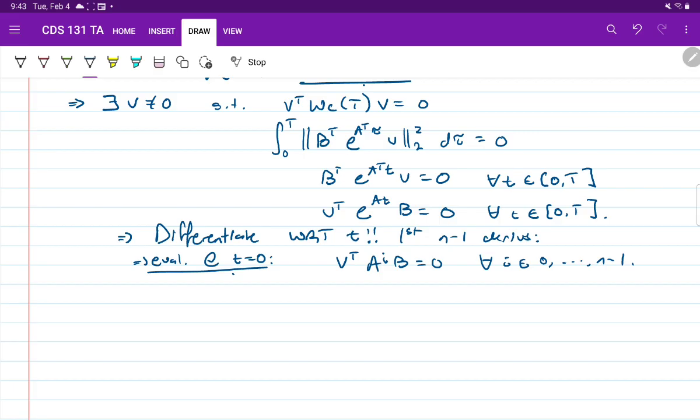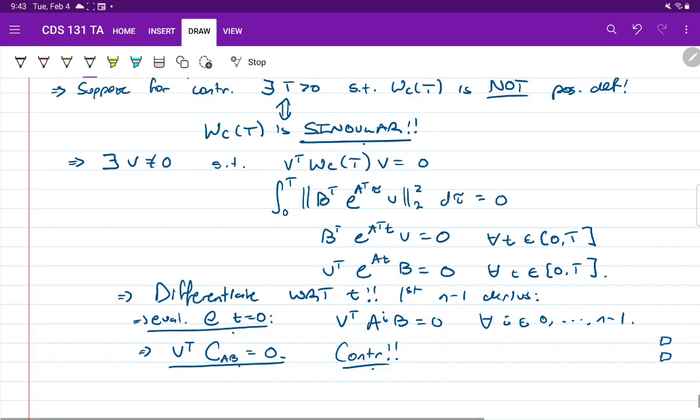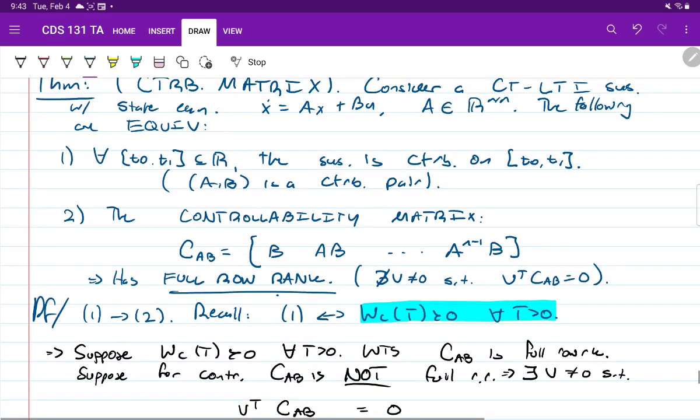Okay? What does this mean? v transpose times CAB equals 0. All right? This lands us at another contradiction. So from this, we effectively conclude that controllability and this controllability matrix having full row rank are indeed the same thing. Okay, fantastic.